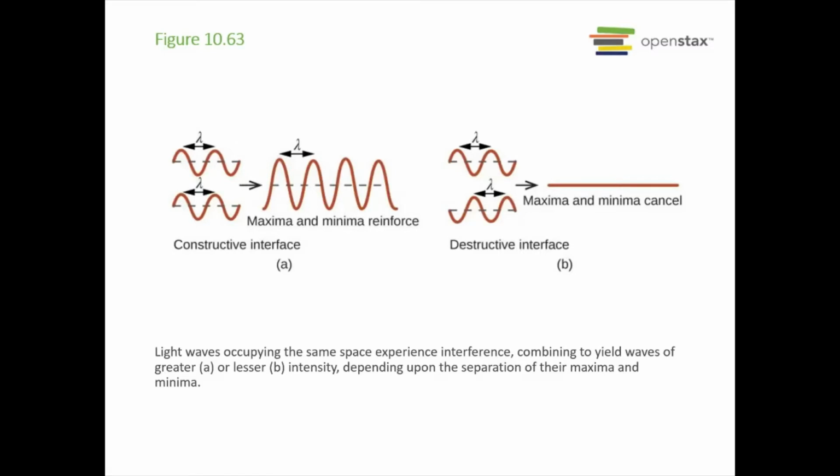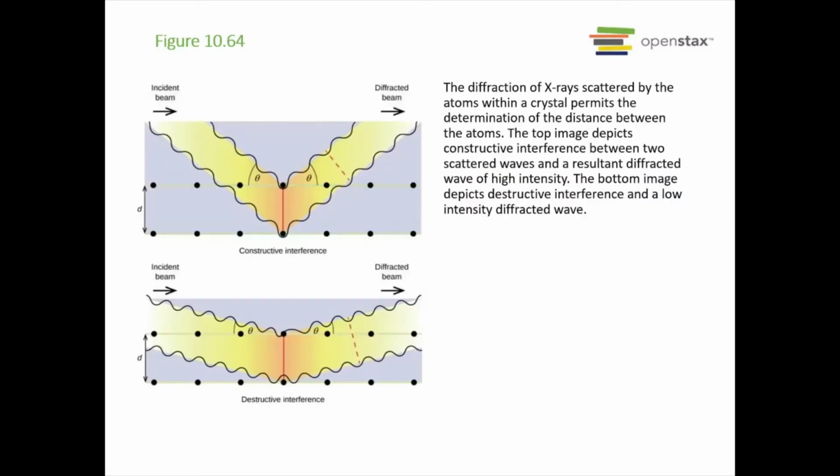Okay, so this is just a nice visualization. Here's also a nice way to be able to see the diffraction of the X-rays. So you have some distance traveled by two waves.